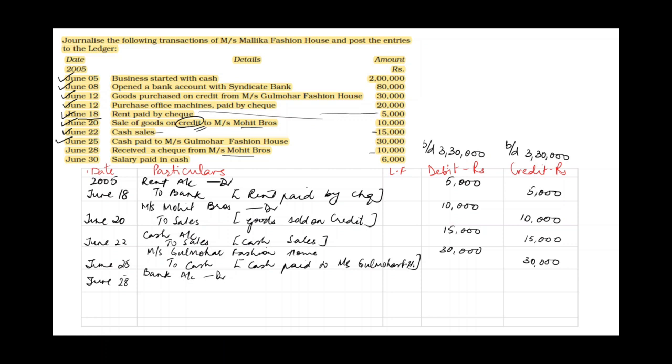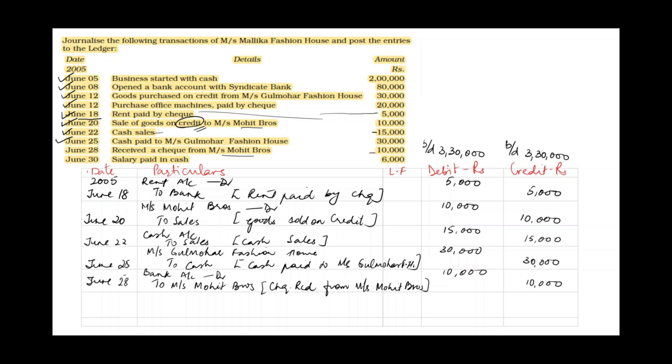How much amount? 10,000. To Messrs. Mohit Brothers because he is paying. 10,000. And you will write here check received from Messrs. Mohit Brothers. Okay.